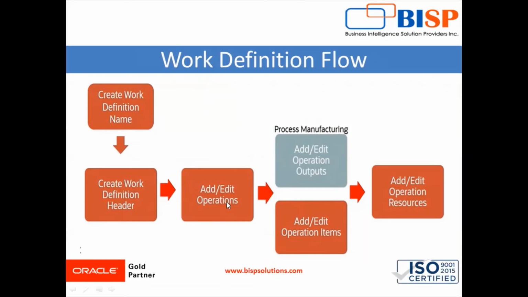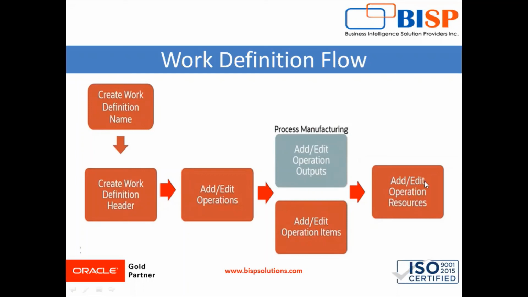Next is to create the operation, and in the operation we add multiple operations, like standard operations. After defining our operations, we have to assign items to operations. Here we add our items in the operation. After adding the items to our operation, at the last we assign resources to the operation.